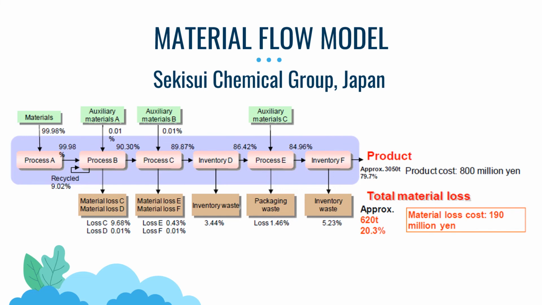Any costs that are generated by and associated with the flows and stocks of materials for each process are subsequently traced and quantified. Then, the costs associated with those material flows are evaluated and analyzed. Therefore, from the material flow model illustrated, we can see that the total material losses in every material flow in this company was 190 million yen.